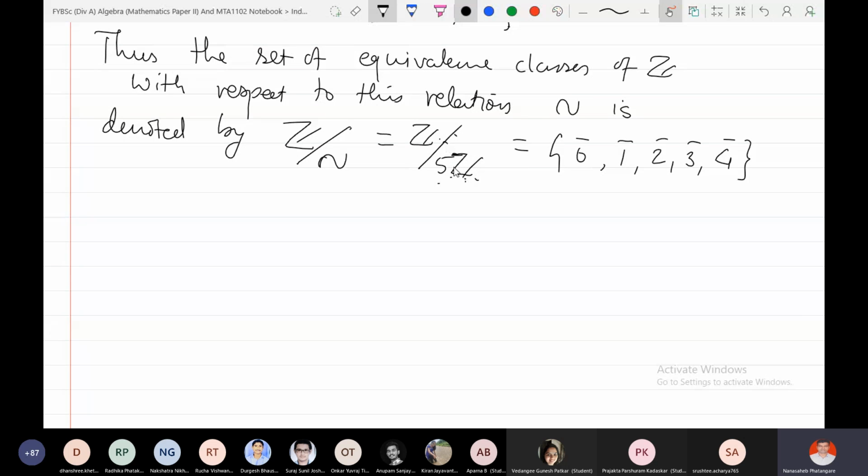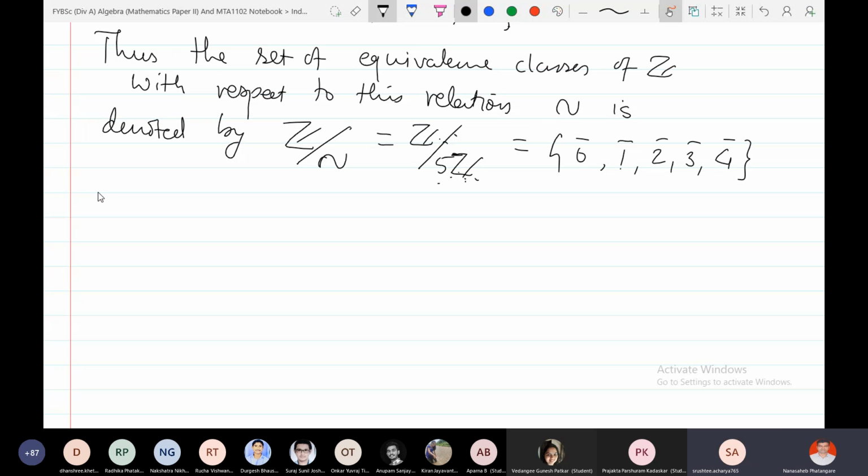It is a notation because I am identifying the classes with respect to multiples of 5. If it is multiple of 5 plus 0, it is in class of 0. If it is multiple of 5 plus 1, it is in class of 1. If it is multiple of 5 plus 2, it is in class of 2, and so on. Is it clear? This is just notation.